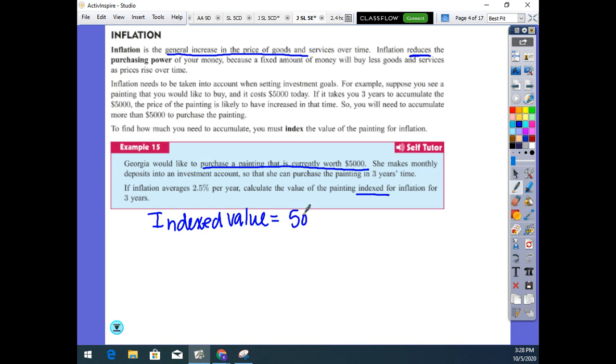If it's currently worth $5,000 and she makes monthly payments into an investment account so she can purchase the painting in 3 years' time. All right. So inflation means that this is our interest rate. So 1 plus, and this is per year, so that's nice, 0.025 for 3 years.